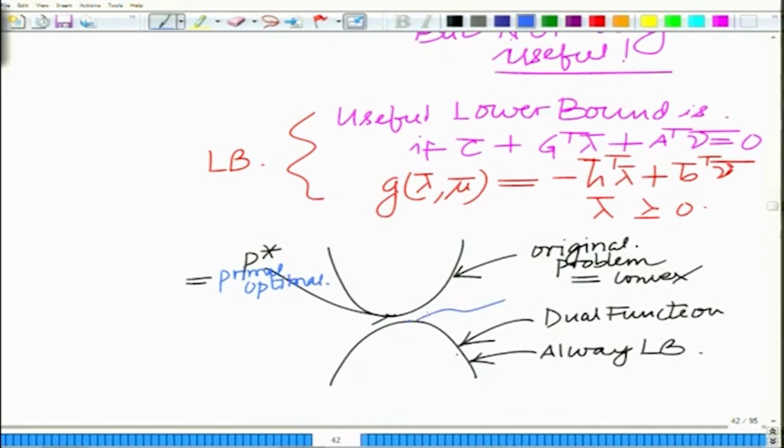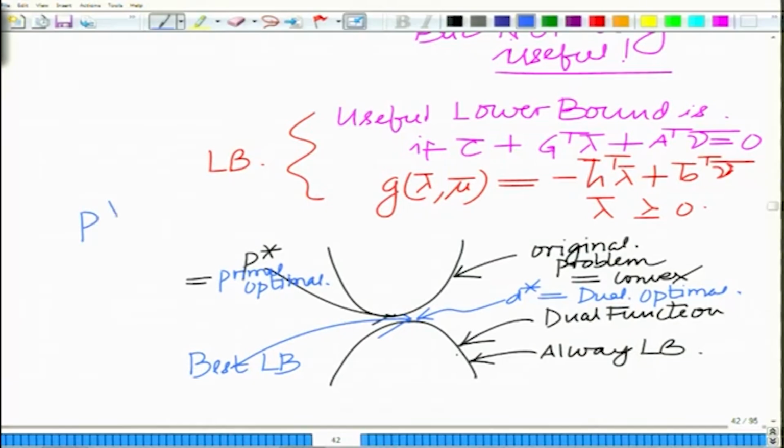And this right here is D star, which is the dual optimal, and this is what we call the best lower bound, because it is the one that is closest to the optimal value P star of the primal optimization problem.